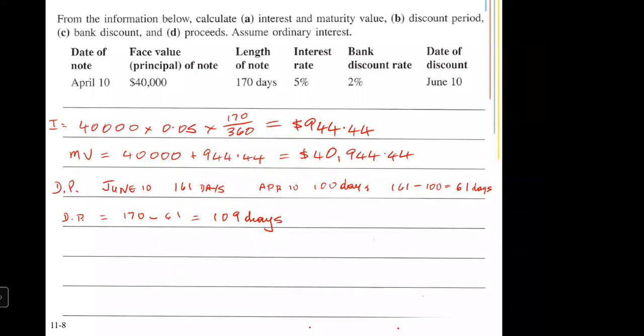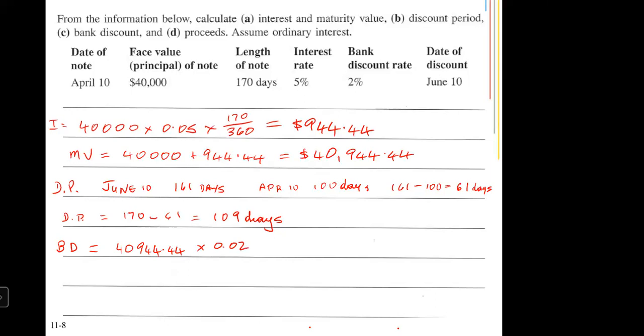And so that's how they're going to work out how much to deduct from the maturity value of the note to work out your proceeds. So the bank discount, called BD, would be the maturity value, which is 40,944.44, times what's the interest rate? 2%. The bank is charging 2%.